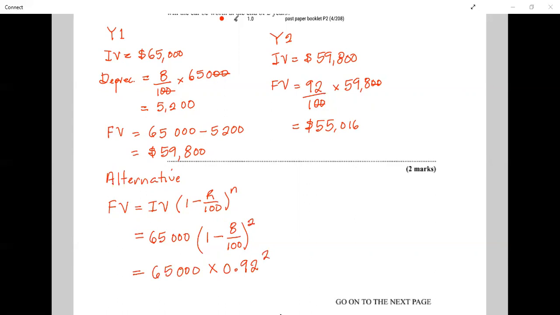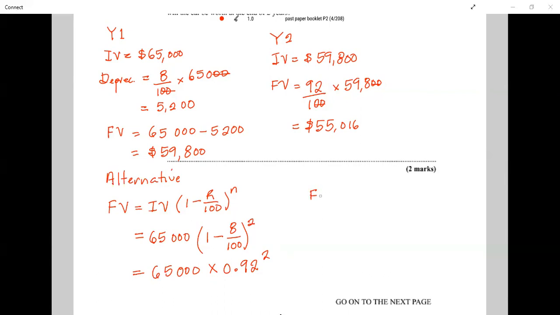All right. So if you put that in a calculator, you should get the final answer. So let us see what I would get. So that's 65,000 times 0.92 squared. And that's exactly what my calculator says.